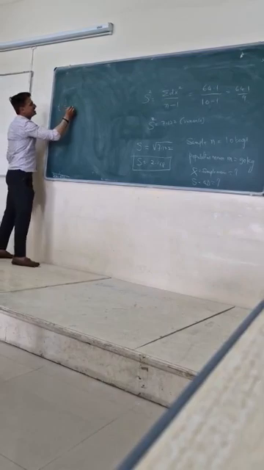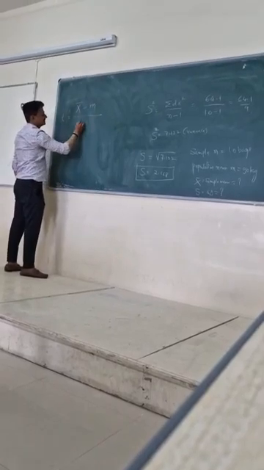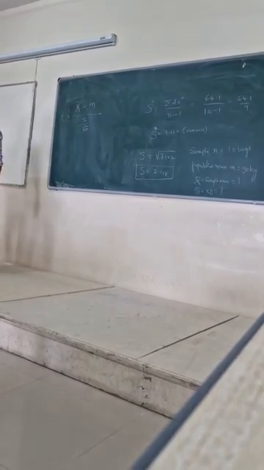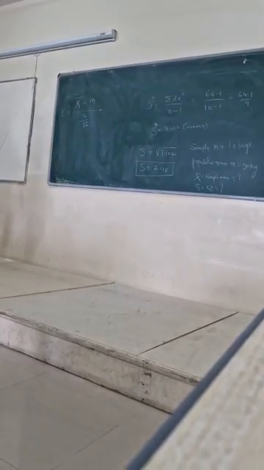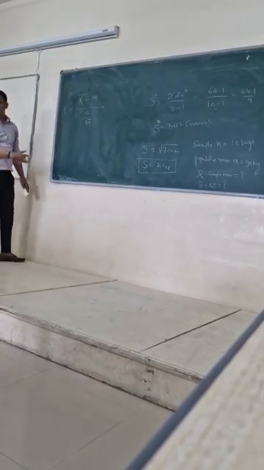So the t test formula is x bar minus mu divided by s divided by square root of n, because the standard deviation is not given.